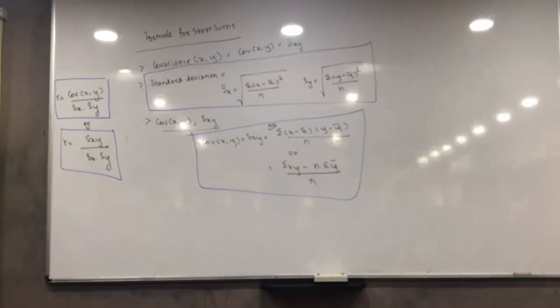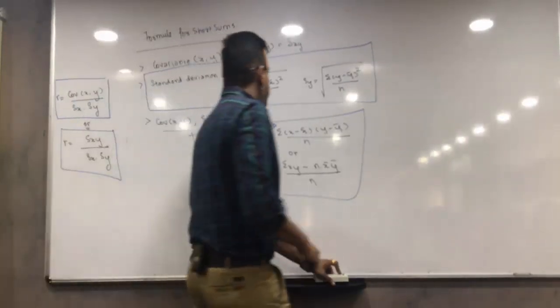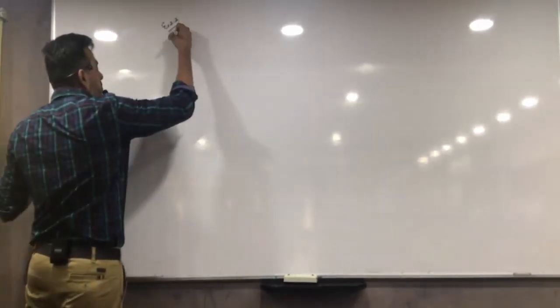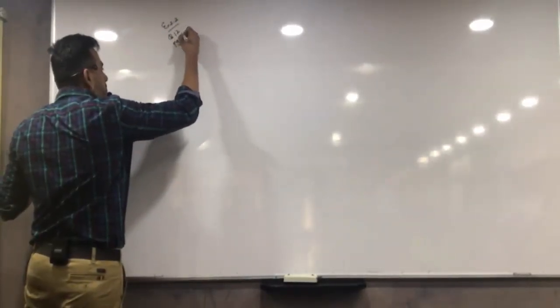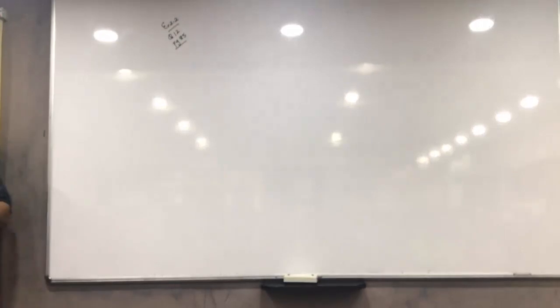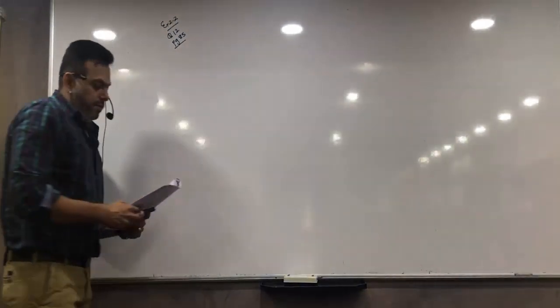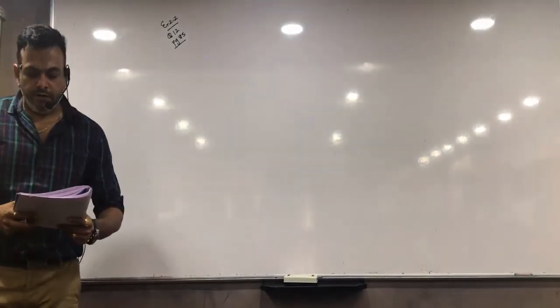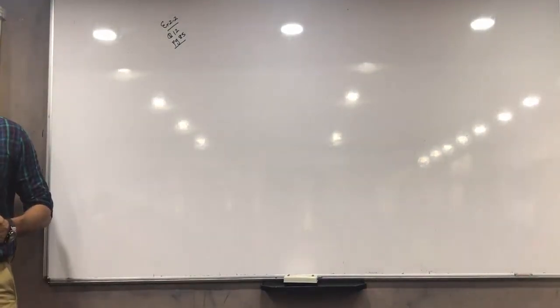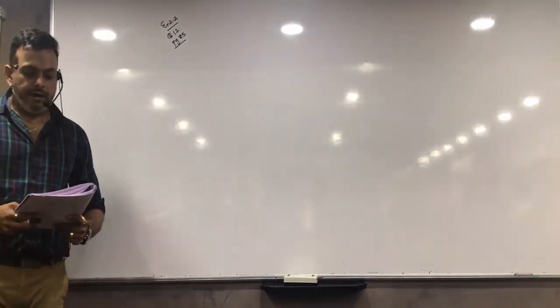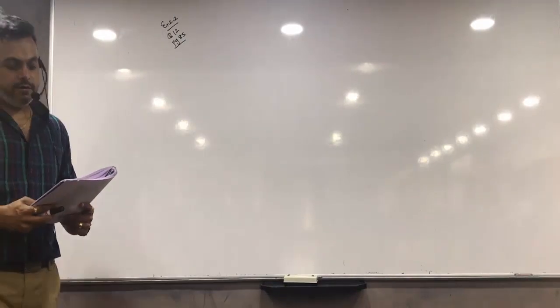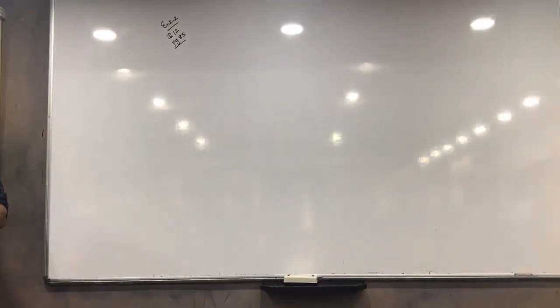Now, exercise 2.2, question number 12, page number 85. Find the correlation coefficient from the following information of rainfall in centimeters and yield in tons per hectare for the last 10 years of a district.